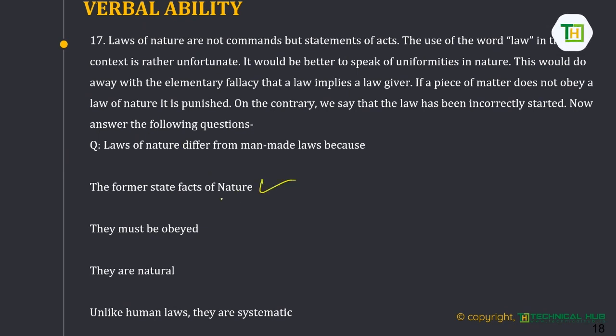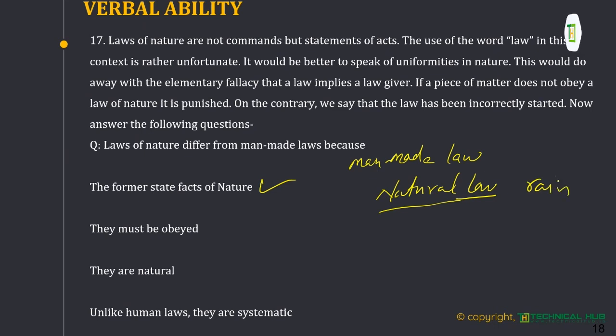We are talking about two laws here: man-made law and natural law. Natural law is God's creation. All the rains come in time, the summer season comes in time, everything we get in time. That is called the laws of nature.